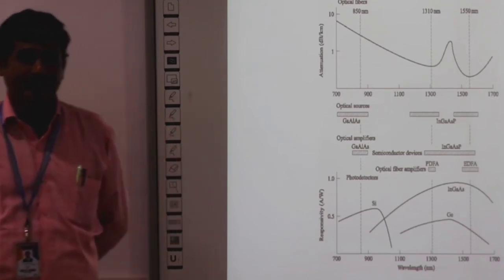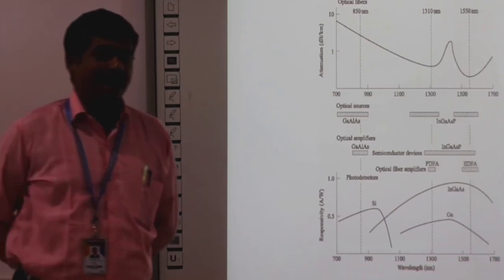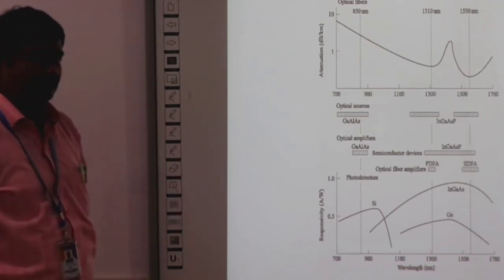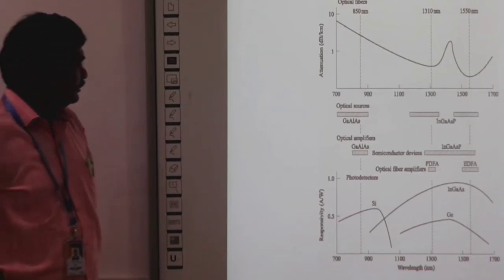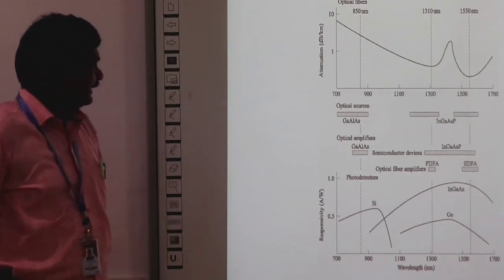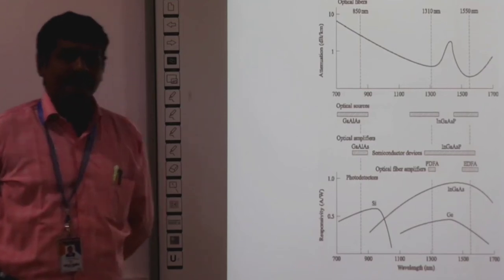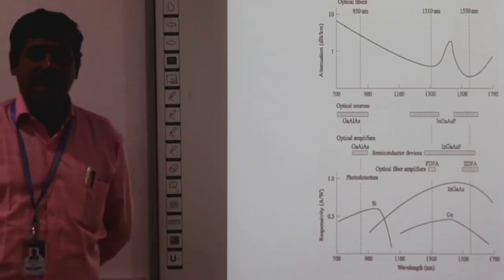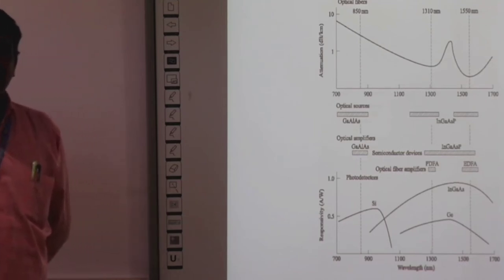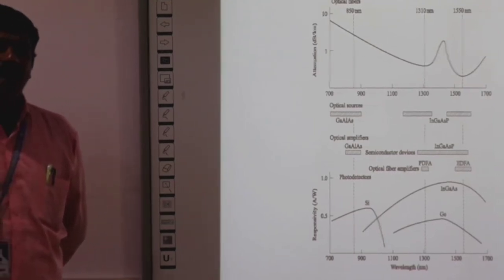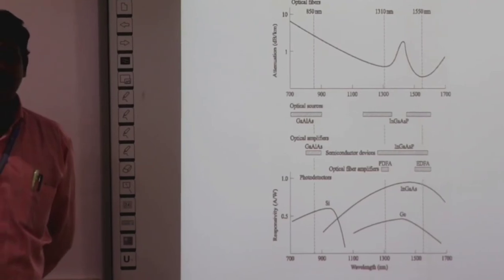They are combined together and we can make a gallium arsenide substrate. Similarly, gallium aluminum arsenide, indium gallium arsenide phosphide. These are some of the compound semiconductors for realization of these optical sources.